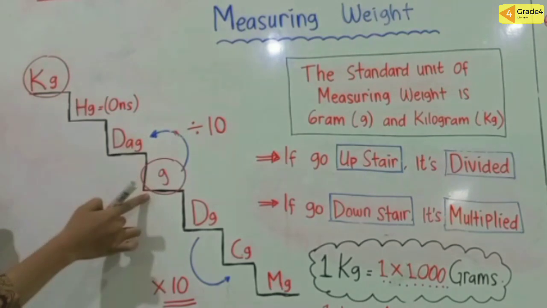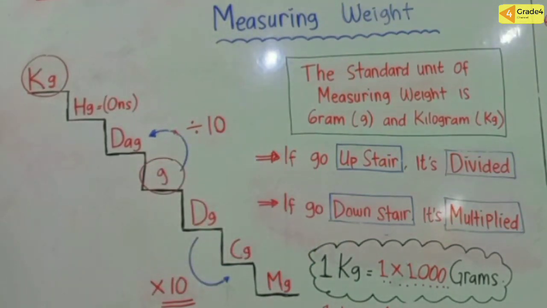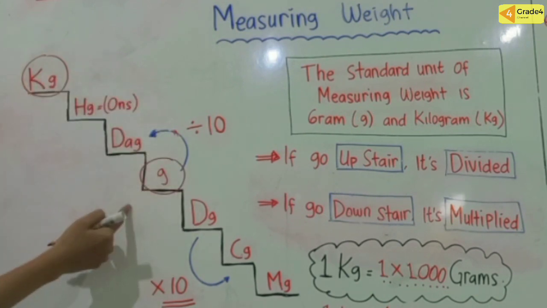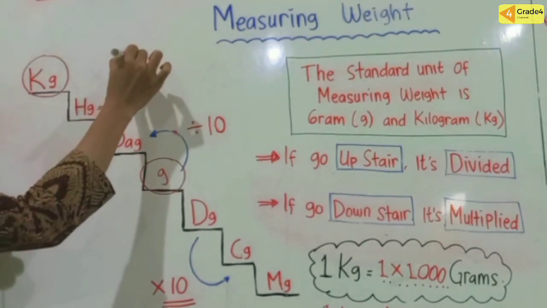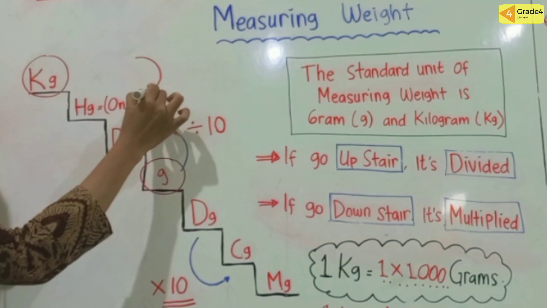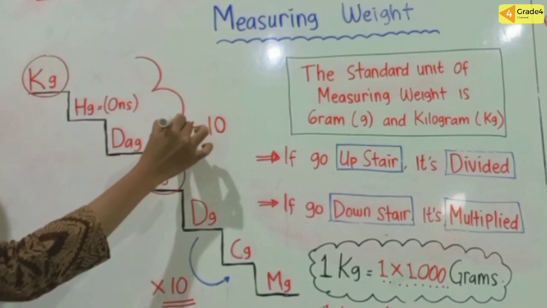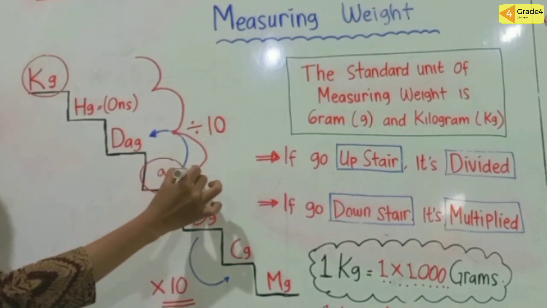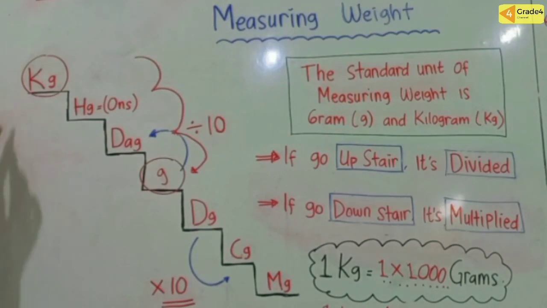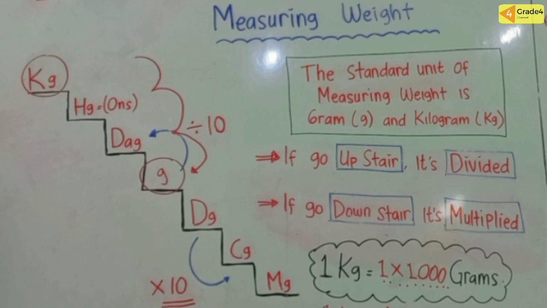From kilograms to grams, upstairs or downstairs? Right, downstairs. How many steps can we count? One step, two steps, three steps. So from kilograms to grams, that is 3 steps.